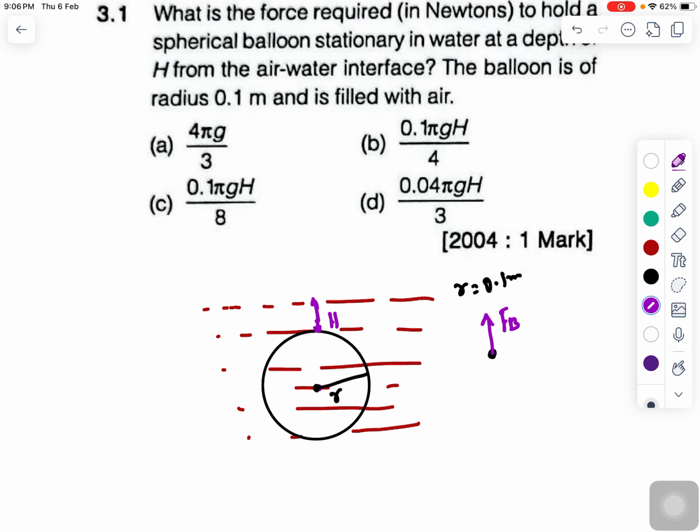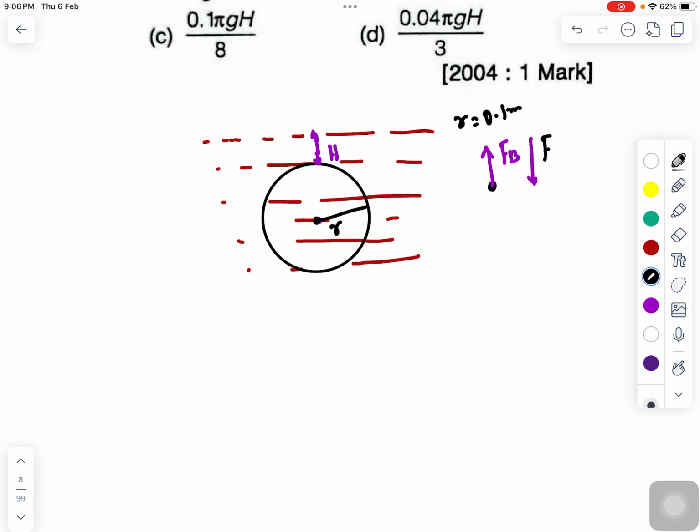But just don't try to understand that any gravity is happening right now. You just have to understand how much external force is needed, because this object is continuously going upward, right? Why? Because the buoyancy force is being applied on the object by the fluid, and in order to restrict the object at a depth of h, you will be applying some external force F on that object. So this F should get balanced by the buoyancy force.